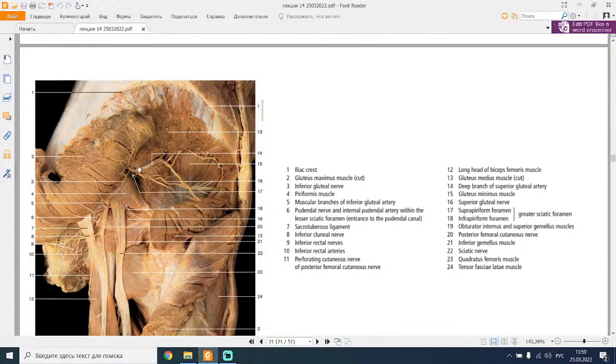This is arteria glutealis superior and this is arteria glutealis inferior, supplying the gluteal muscles.